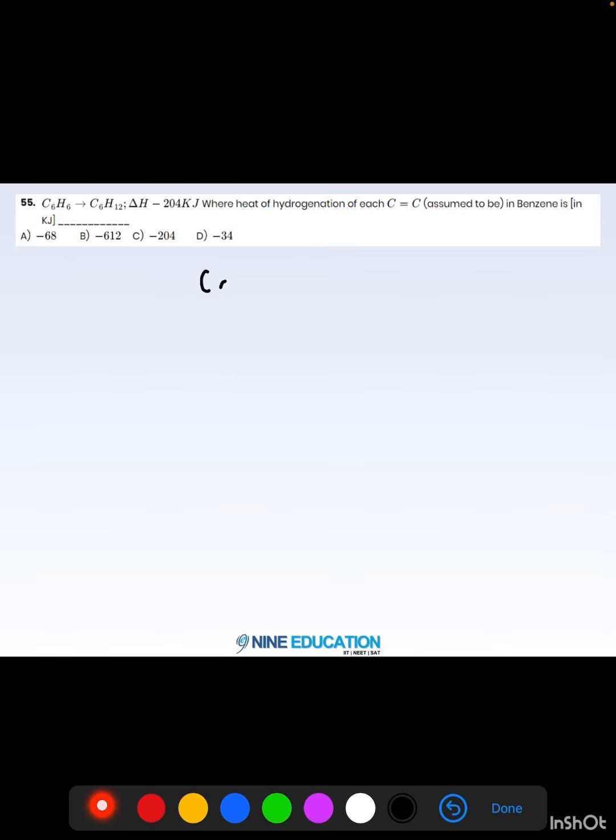Reaction is we are having C6H6, which is giving us what? C6H12. C6H12 means we are having cyclohexane here, and C6H6, they are already talking about benzene. So benzene means we'll be having 3 double bonds here, and if you look at the reaction, your benzene is getting converted into cyclohexane.